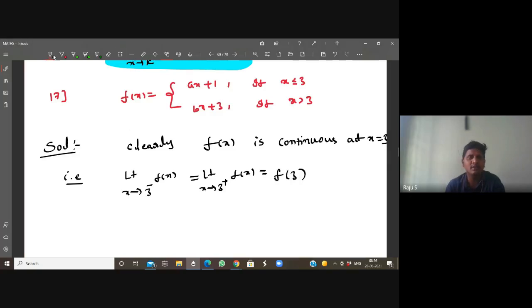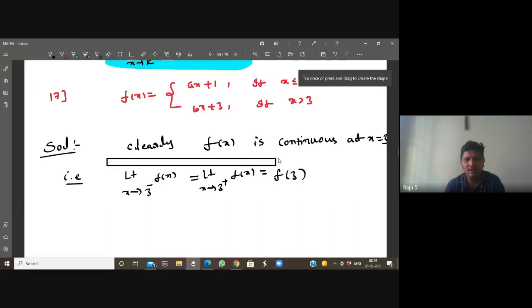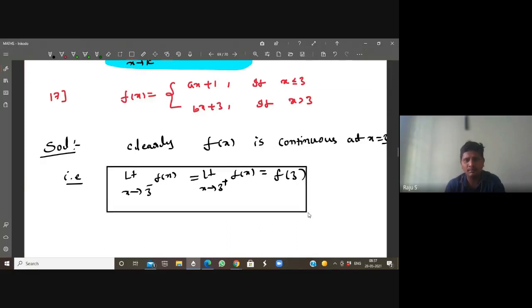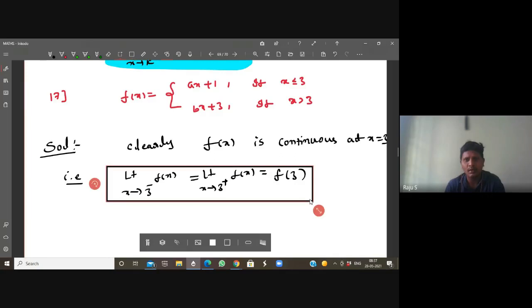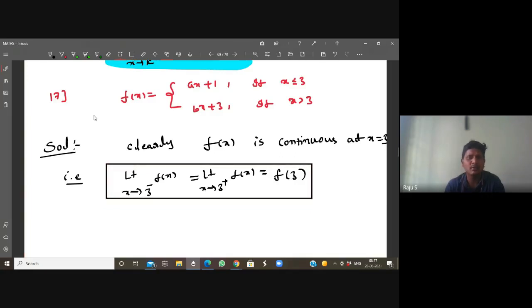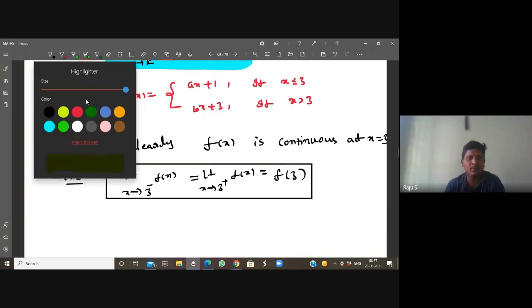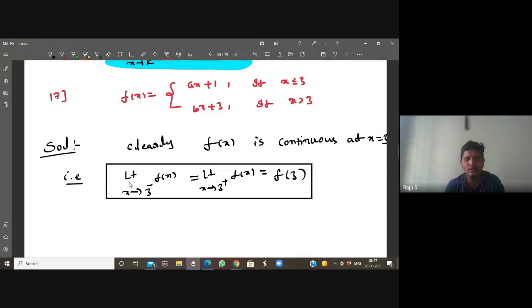Am I right? Because the given function is continuous at 3. So clearly left hand continuity should be equal to right hand continuity, which should be equal to the function at 3. Fine. Okay, students.